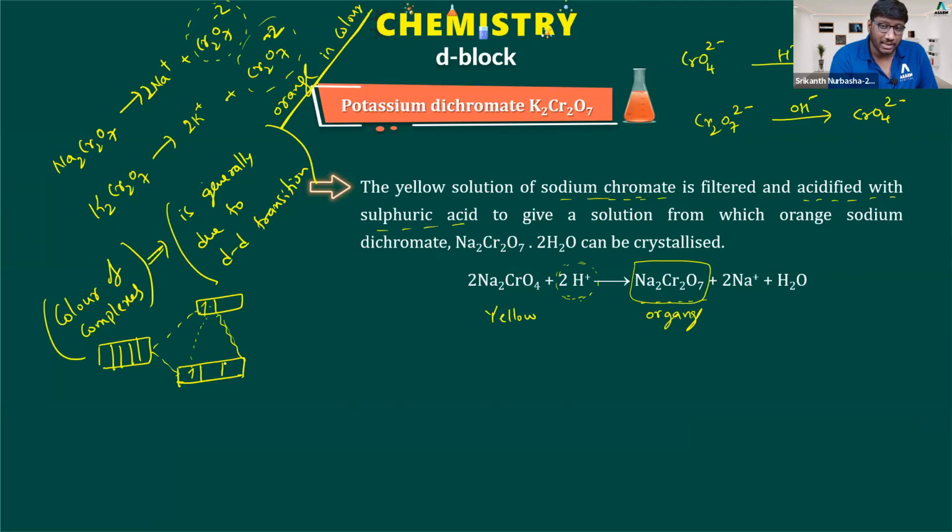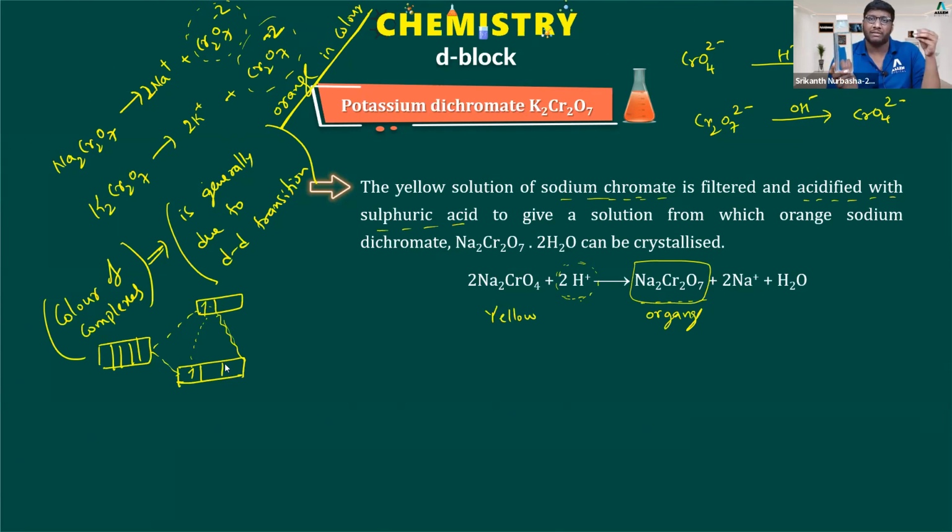So understand the scenario, students. You have a complex here. In this water bottle, I have a complex, imagine, and I am giving some radiation. This is the source, an electromagnetic radiation with some VIBGYOR of radiation, let us say.